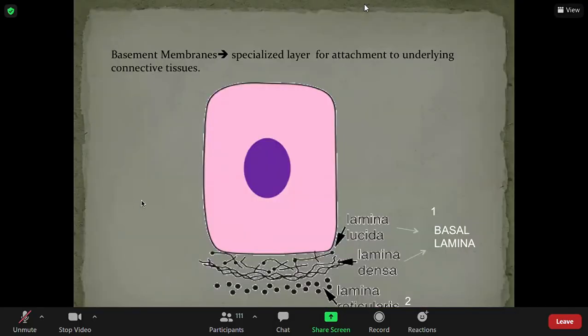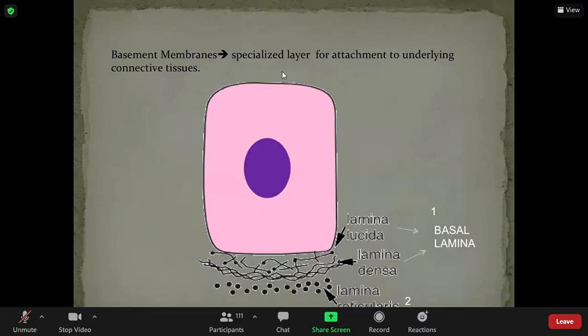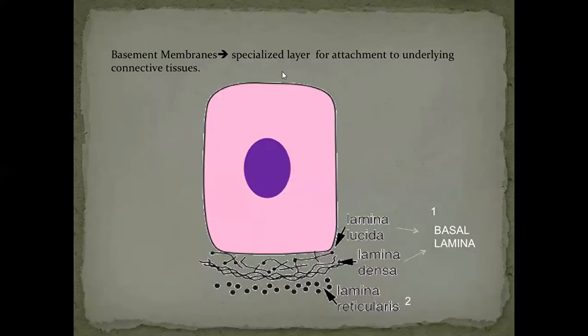Next, as I have said, for you to identify the surfaces, always look for the basement membrane. I think it is well elucidated in your discussion on the cell, the different components of the cell. I would like to review the basement membrane. Basement membranes are specialized layers for attachment to the underlying connective tissue.